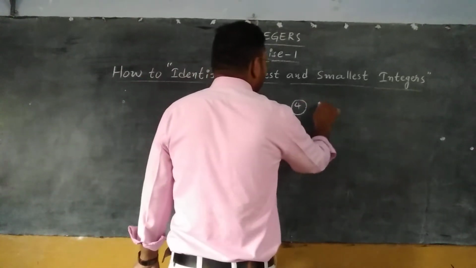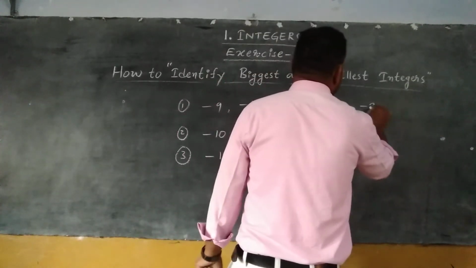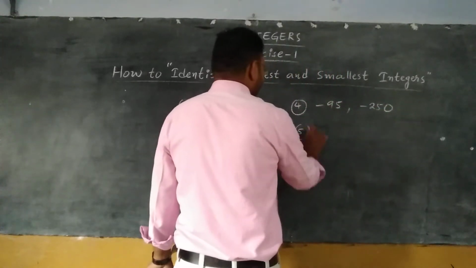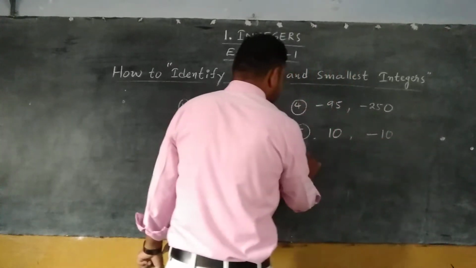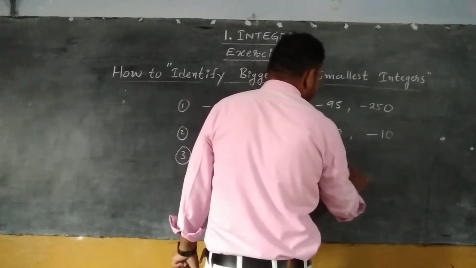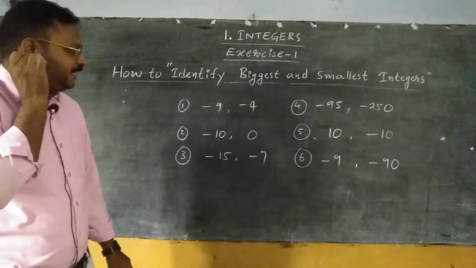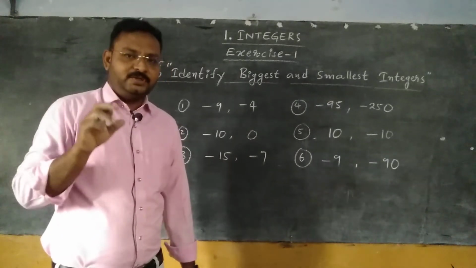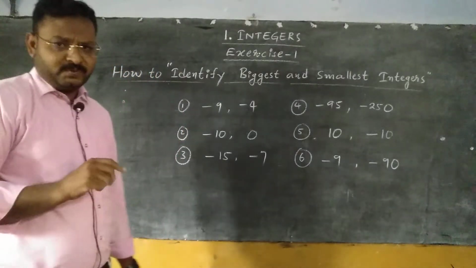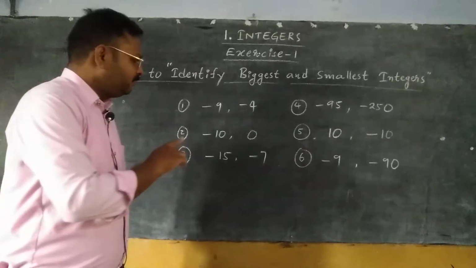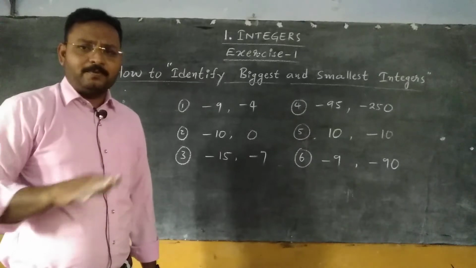Fourth question, -95 and -250. Fifth question, 10 and -10. Sixth question, -9 and -19. Note down all these questions in your classwork notebook and work out all these problems.